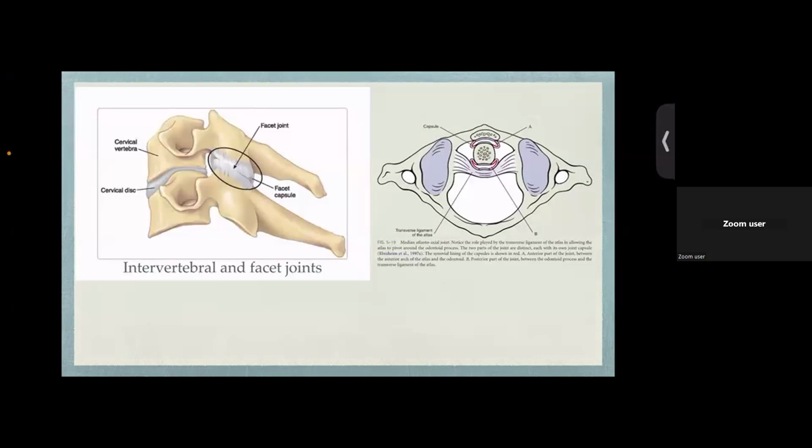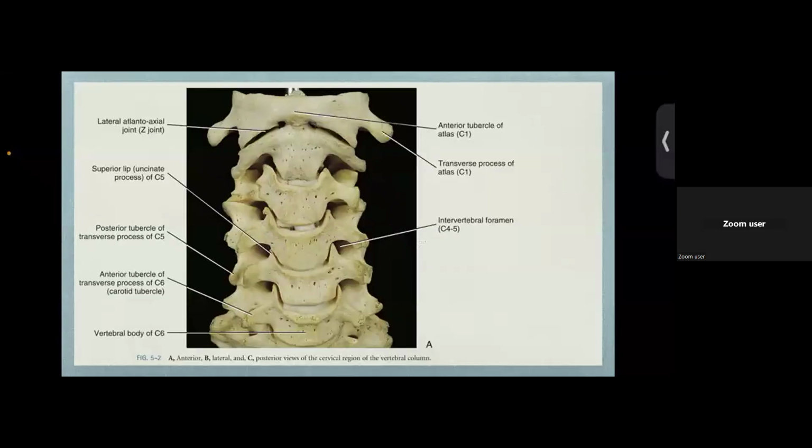Here's just showing you a diagram of the joints in between, the facet joints, the joints between the vertebral bodies here, seeing the median atlantoaxial joints. So here's just a diagram of the entire vertebral column, kind of seeing some of the articulations going down.